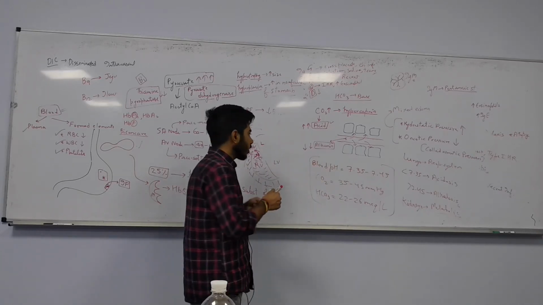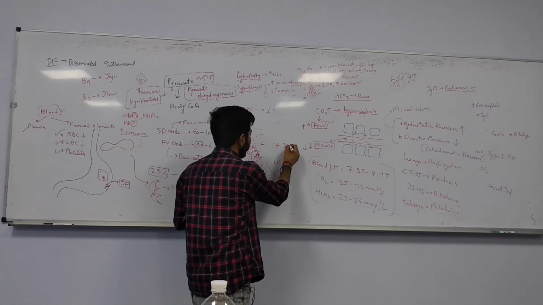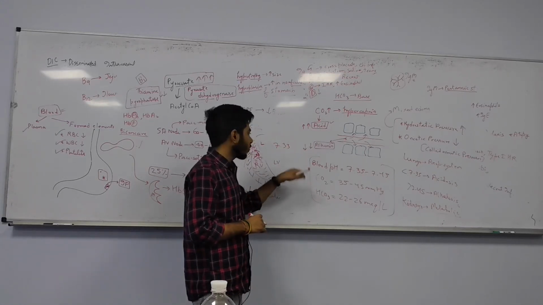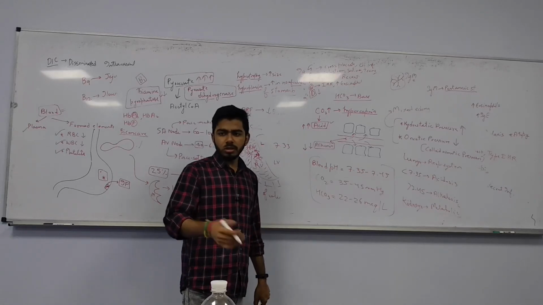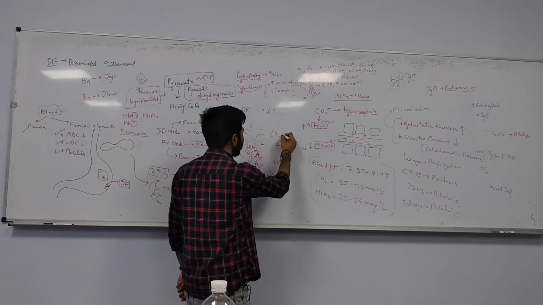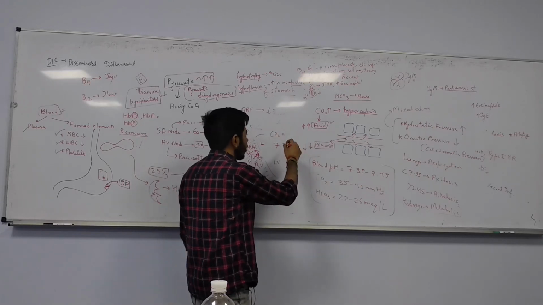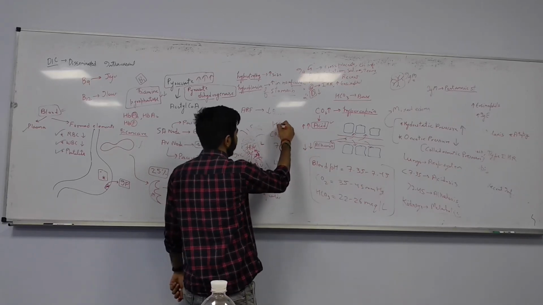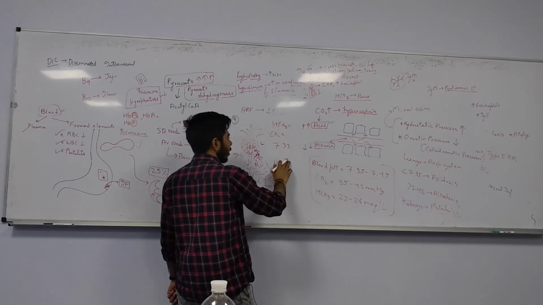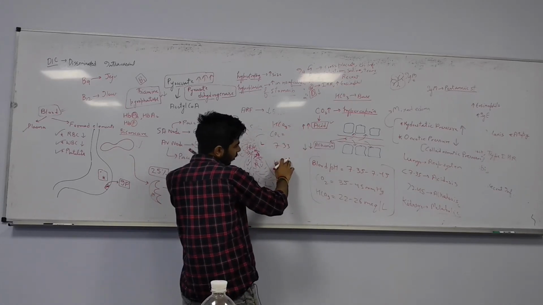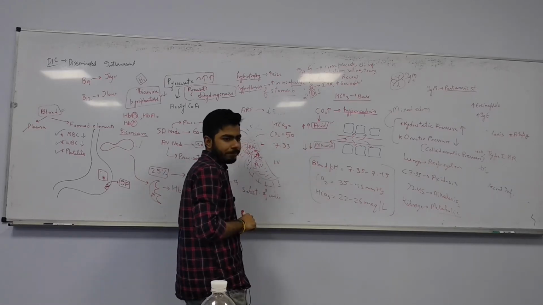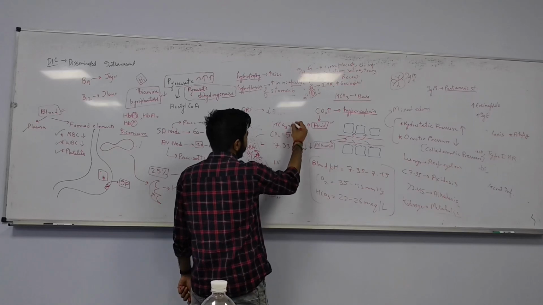Sometimes they ask you about the pH. They will give that the pH of the person is 7.33. What is the case over here? Acidosis. They will also give you random values. For example, CO2 is given as 50, more than normal, and HCO3 is 25.